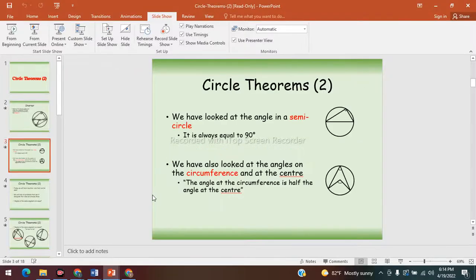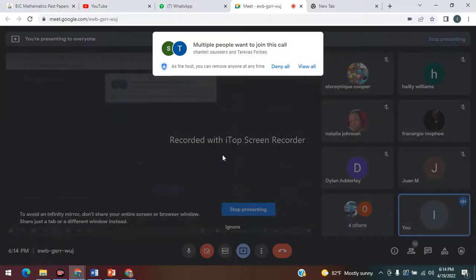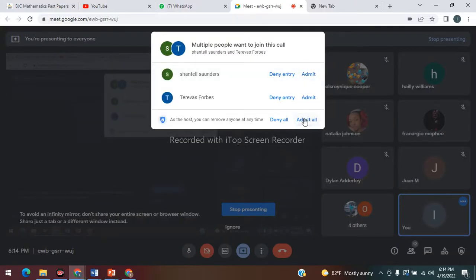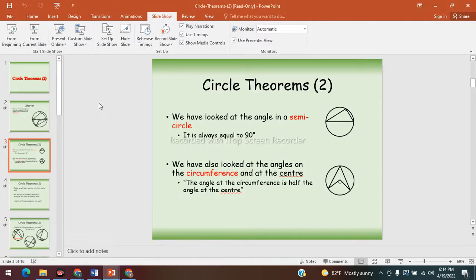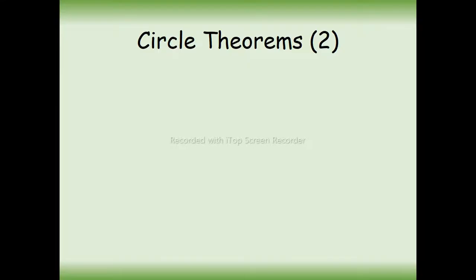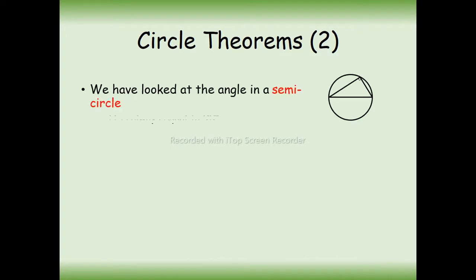The way we describe that rule is that the angle in a semicircle is 90 degrees.